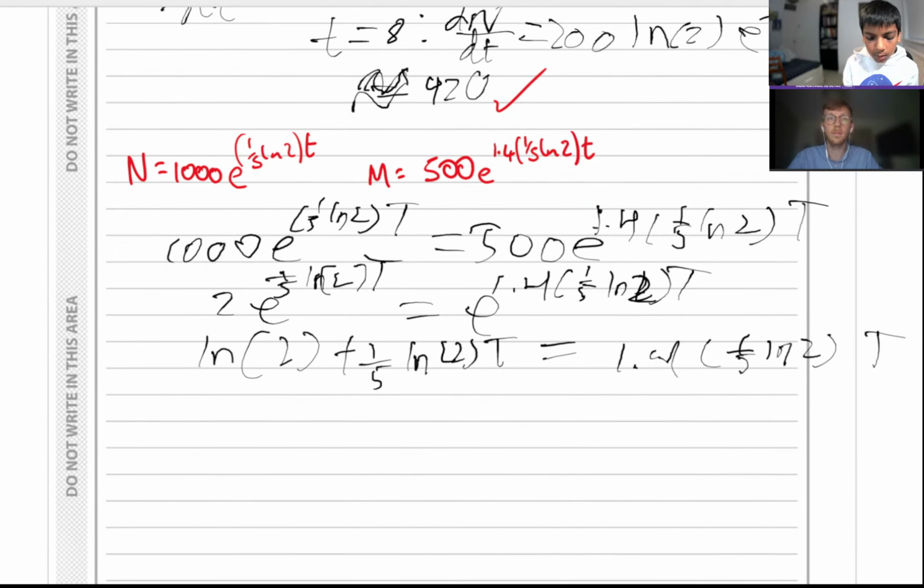And then we can just divide by ln2. Yeah. 1 plus t over 5 equals 1.4 t.